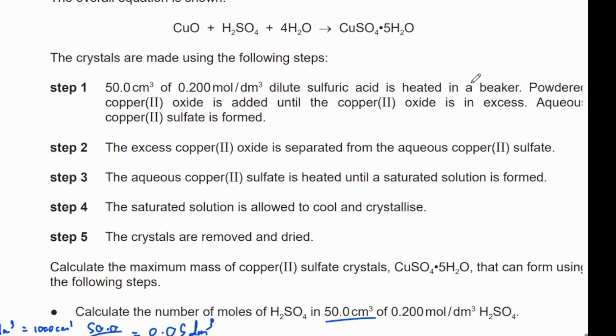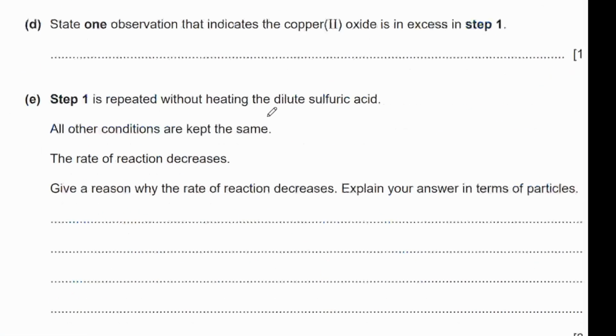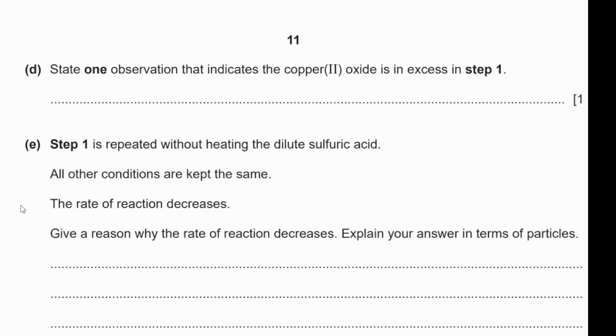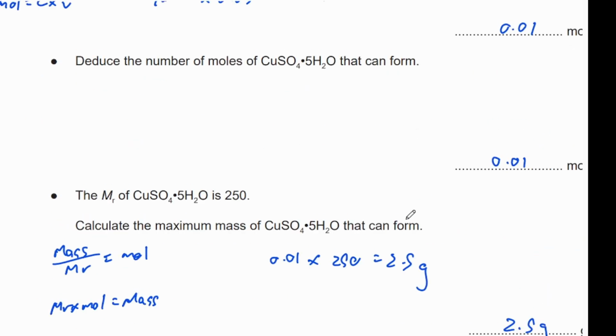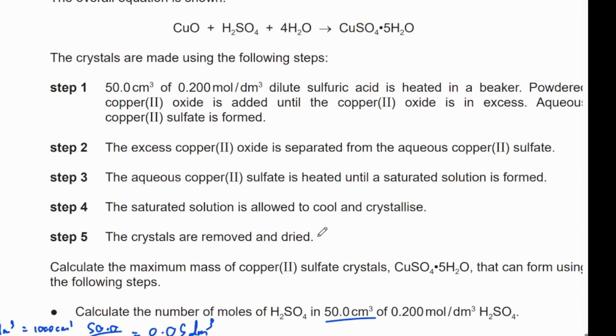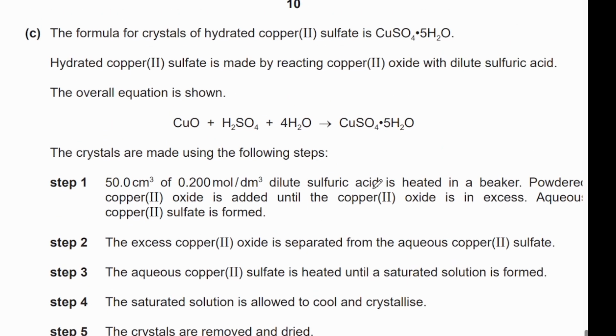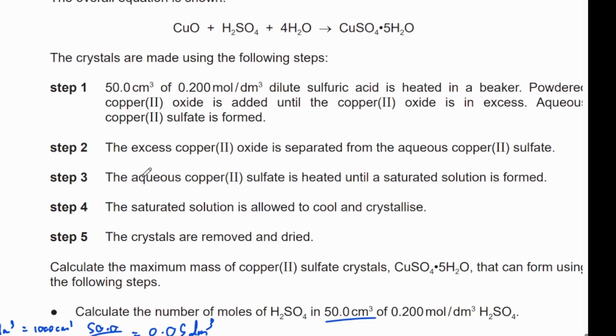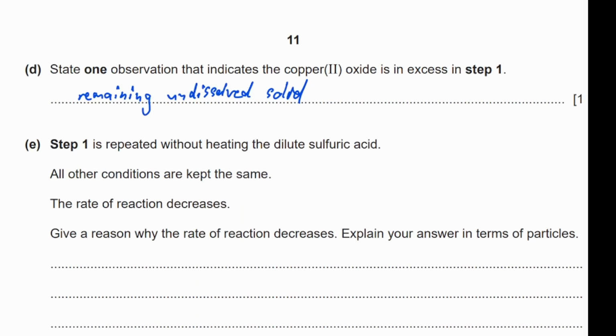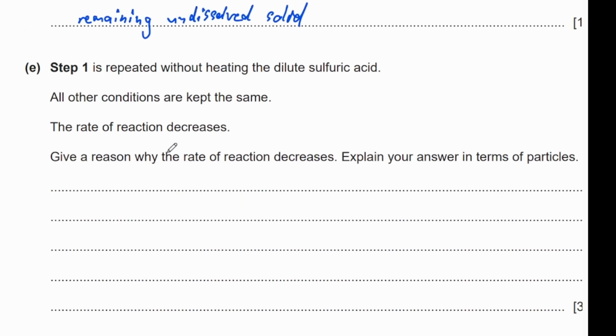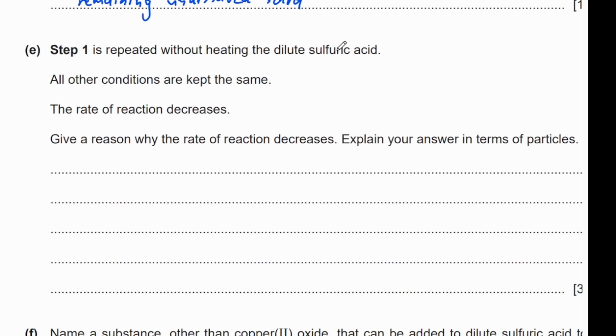Since you're adding a solid into a liquid, you know there's an excess if there is remaining undissolved solid. It's not a reaction, you're just adding it until you can't add anymore. It doesn't dissolve, right?